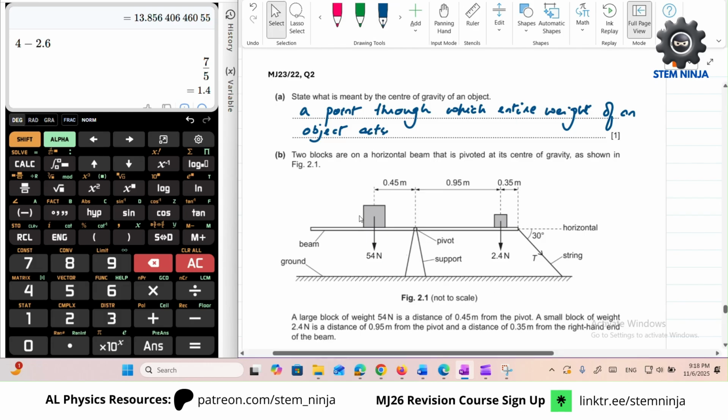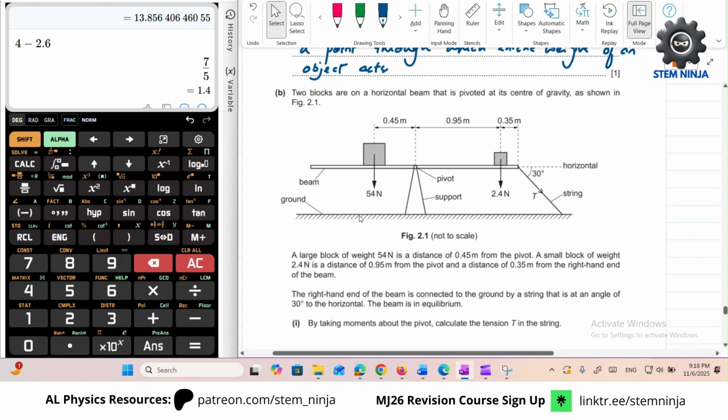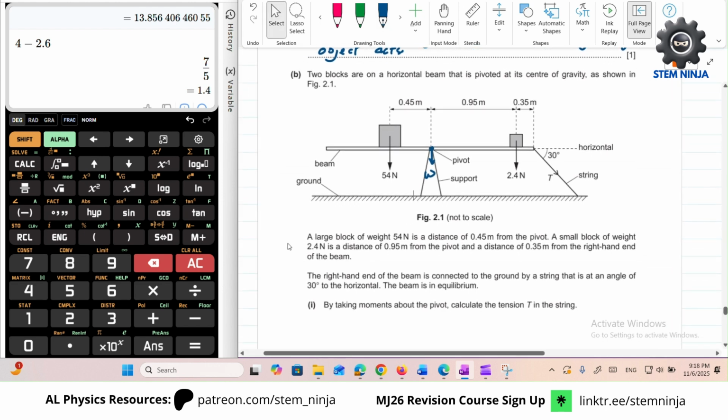Two blocks are on a horizontal beam that is pivoted at its center of gravity as shown. So that's where the weight was actually going, so the moment of the weight is not considered. A large block of weight 54 newtons is a distance of 0.45 meters from the pivot.